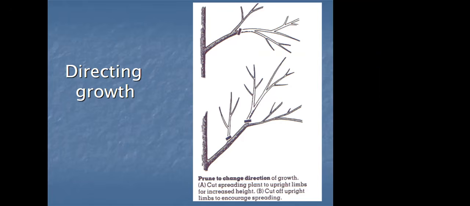So here, for example, up here, this would be the desirable one to remove because the branch is starting to grow down towards the ground. It's not going to be a desirable branch angle. So you want to leave this one and take that one off, just to know how that'll change the tree and actually make the tree a little more narrow for at least a short period of time by removing that branch that's growing outward.